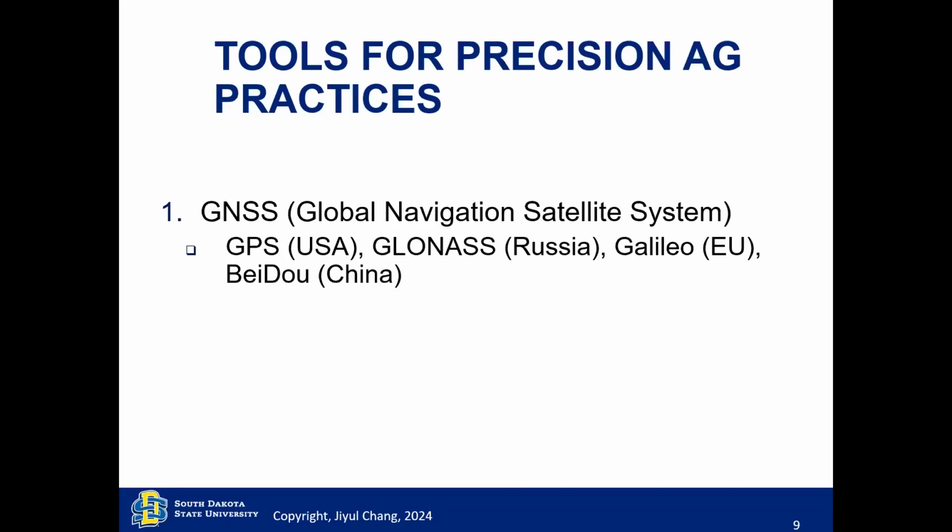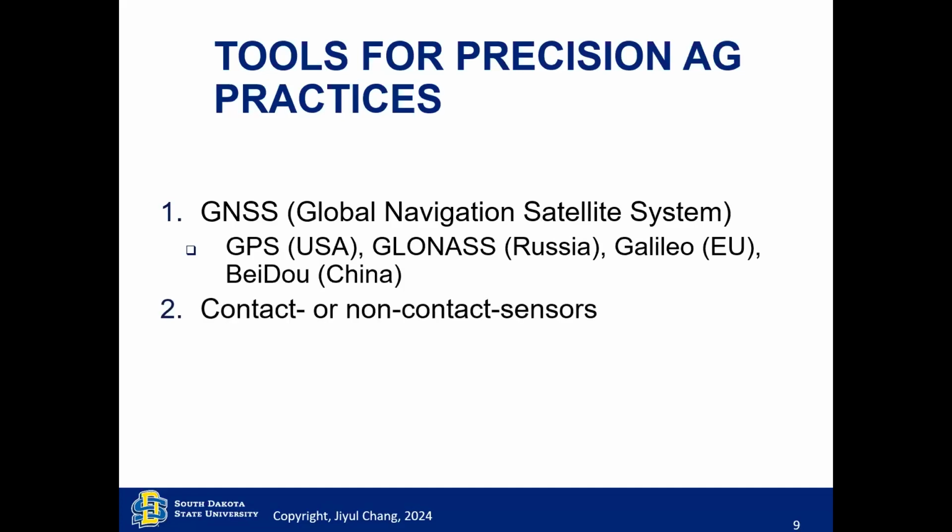And without a map, we cannot do the variable rate application practice. So whenever you go to the field, whenever you collect the data, you should always bring your GPS receiver and collect the GPS coordinates of every sampling point. So that is the first thing and the most important equipment.